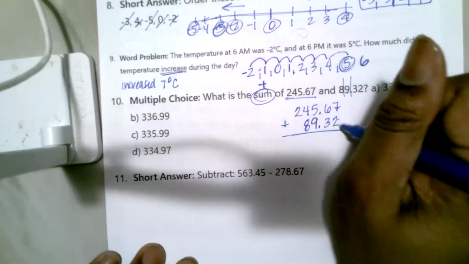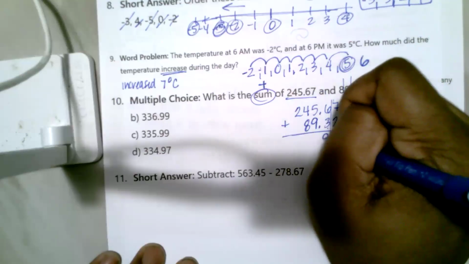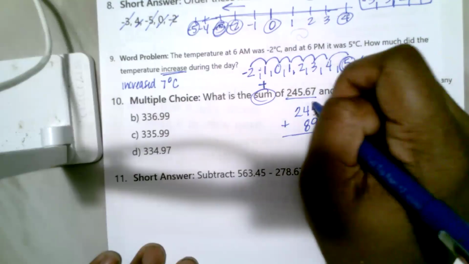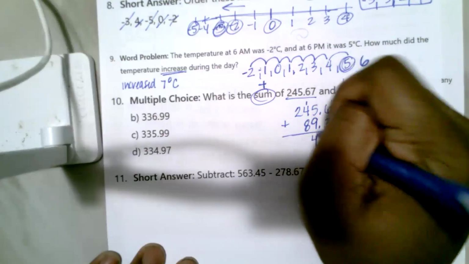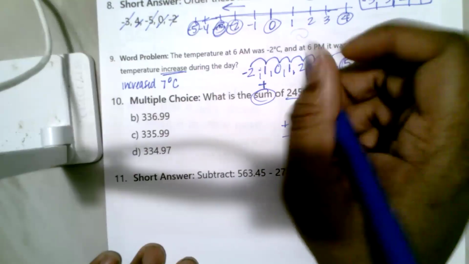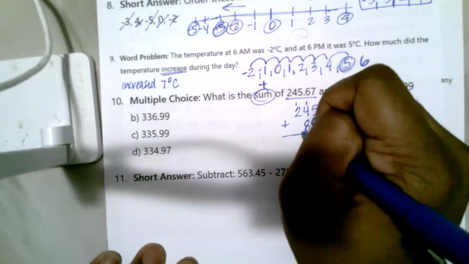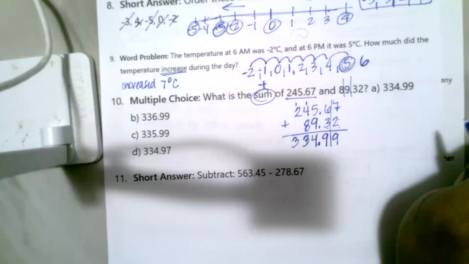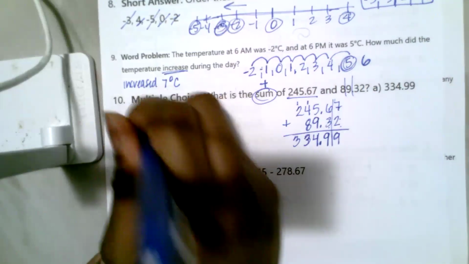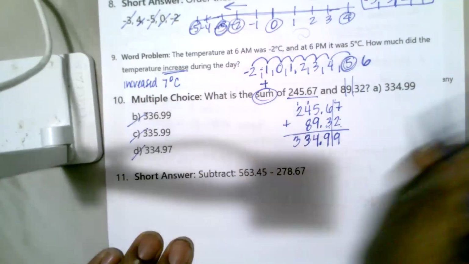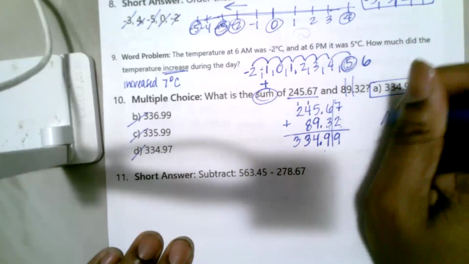And let's add. 9 plus 5 is 14. 8 plus 4 is 12, plus 1 is 13. And 2 plus 1 is 3. 334 and 99 hundredths. The answer is A.